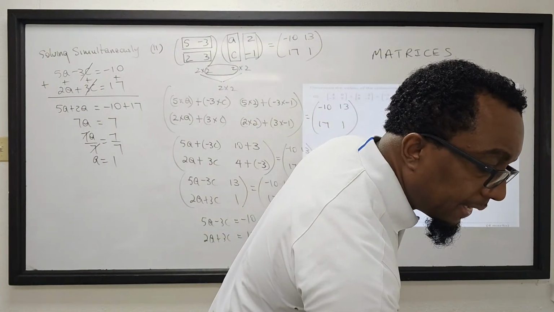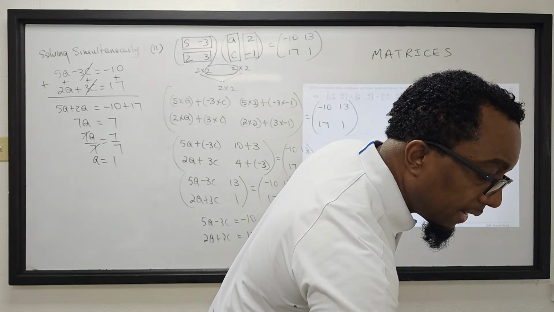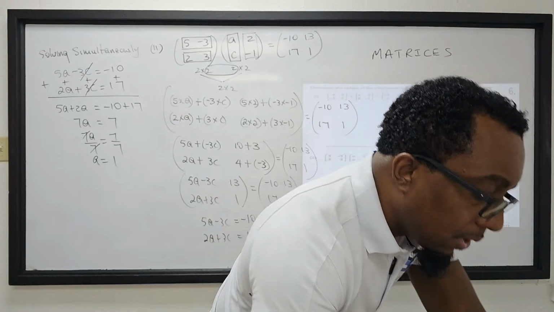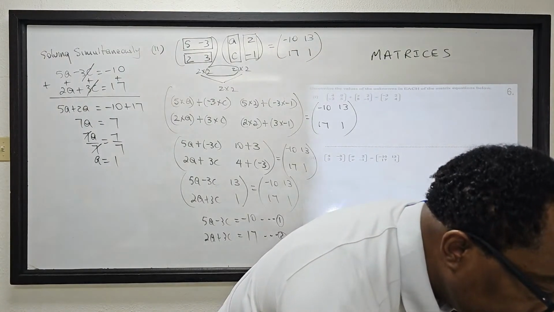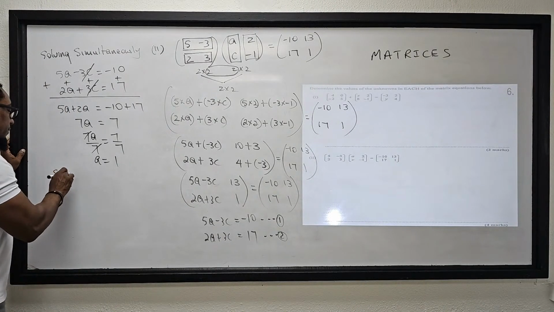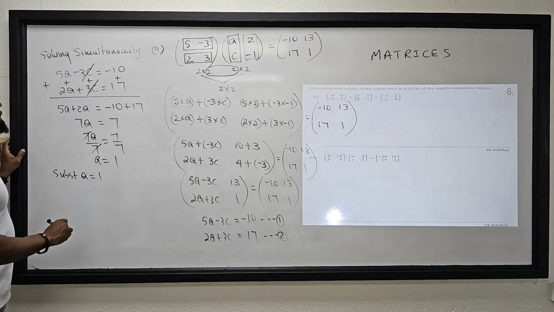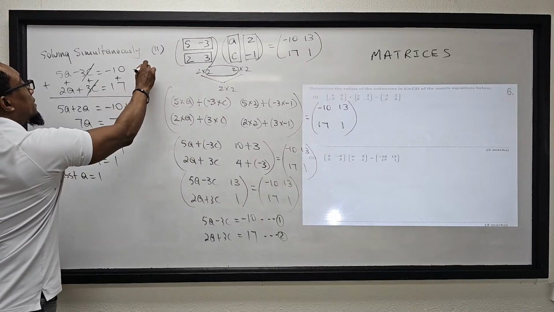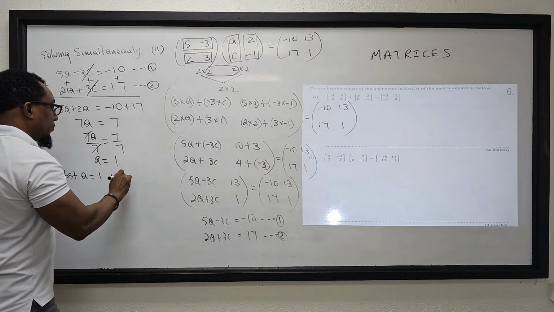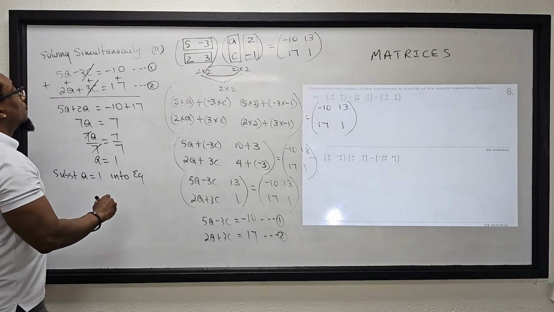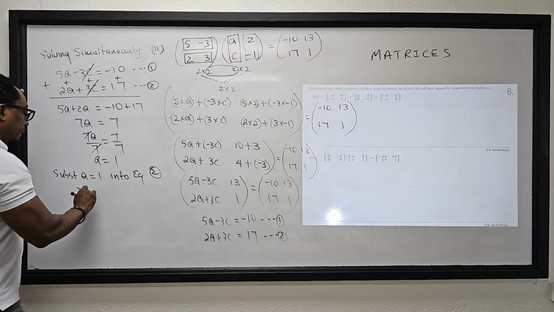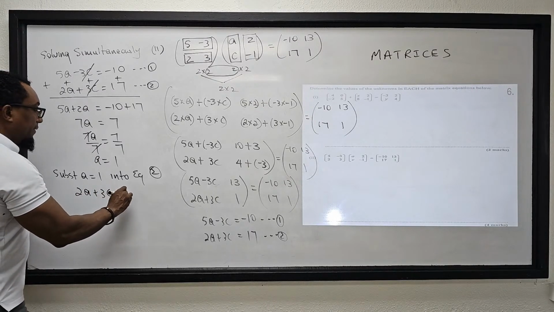After I've found a, what I want to do is to find c. How am I going to find c? I'm going to substitute a equal to 1 into any of the original equations. I'll substitute into equation 2: 2a plus 3c is equal to 17.